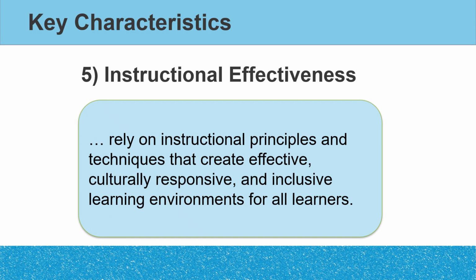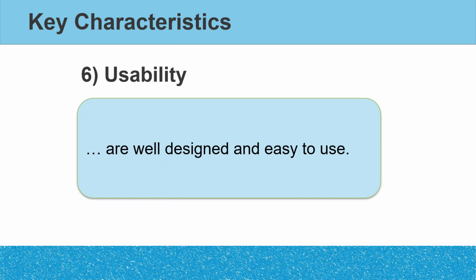Key characteristic number 5 is where the rubber meets the road. Environmental education materials rely on instructional principles and techniques that create effective, culturally responsive, and inclusive learning environments. Finally, good quality EE materials are well designed and easy to use.